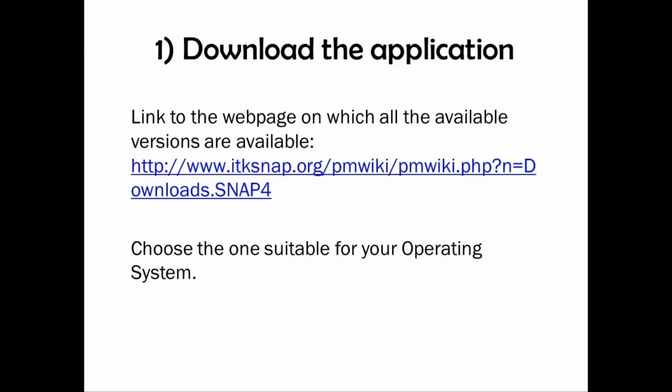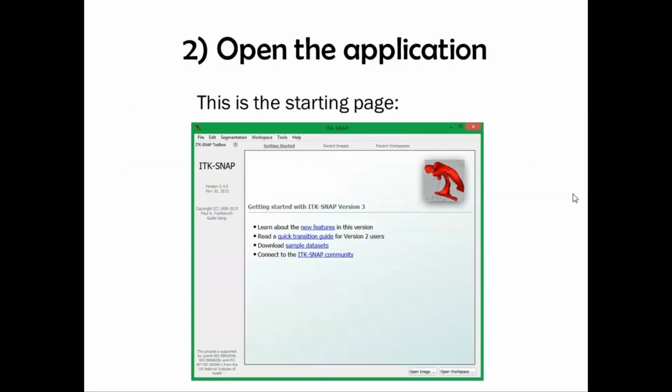First, before using ITK-SNAP, obviously you have to download it. This is the link for downloading the app. You just have to choose the version that's suitable for your operating system and install it on your computer. After you open the application, you'll see this page.